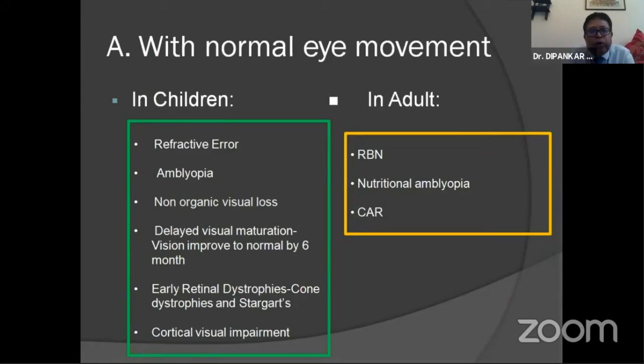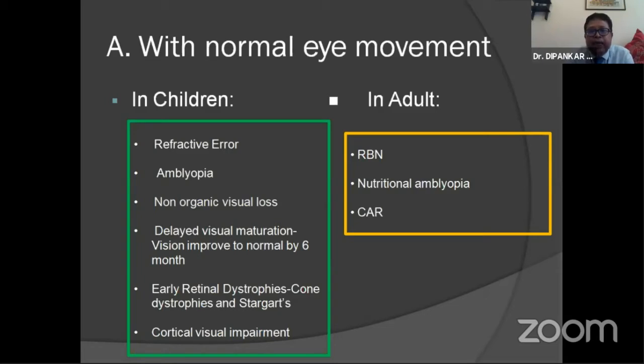As Swati mentioned, non-organic visual loss, such as malingering, sometimes can pose a problem. And one very important thing is delayed visual maturation, where vision improves to normal by 6 months. Early retinal dystrophies such as cone dystrophy or Stargardt's can present in this scenario, and cortical visual impairment sometimes can present like this.